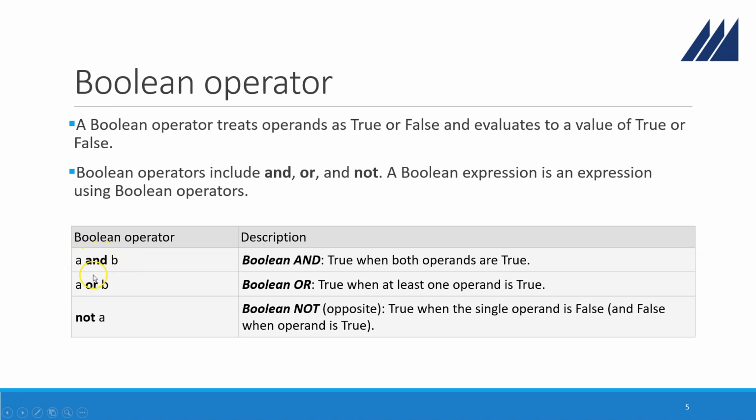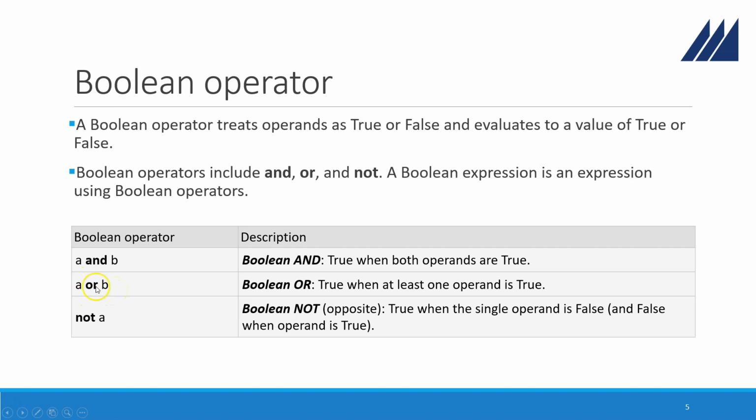For the or operator, if I have A or B, I just need one of them to be true. The result of this operator, when I have A or B, is going to be true.